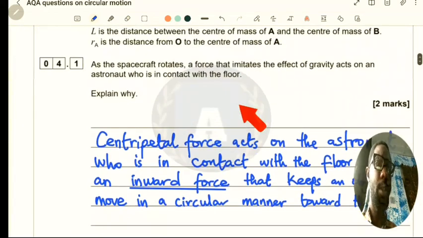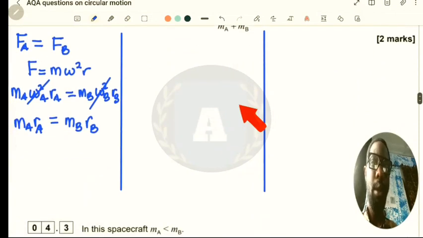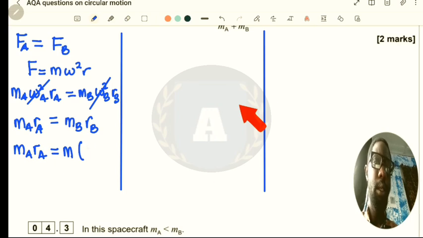Which means that MA RA equals MB into the bracket L minus RA, since the radius of B is equal to L minus RA.